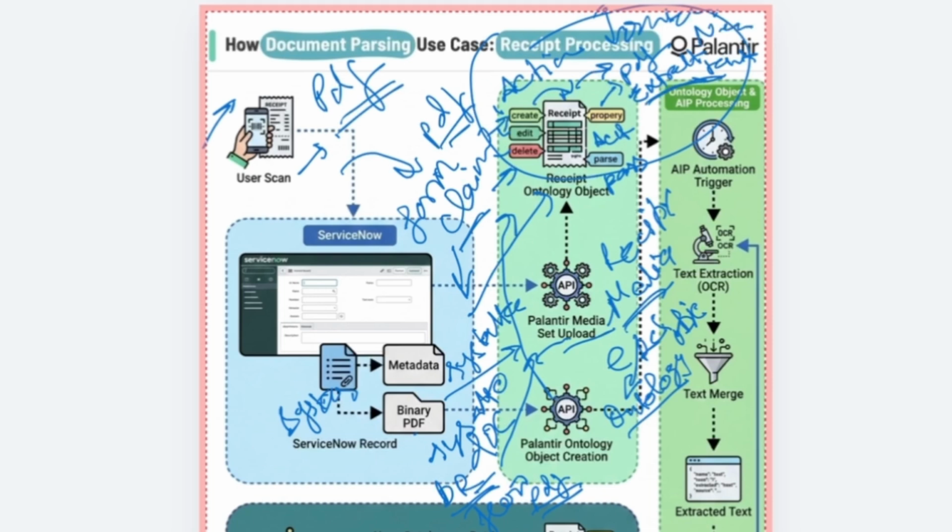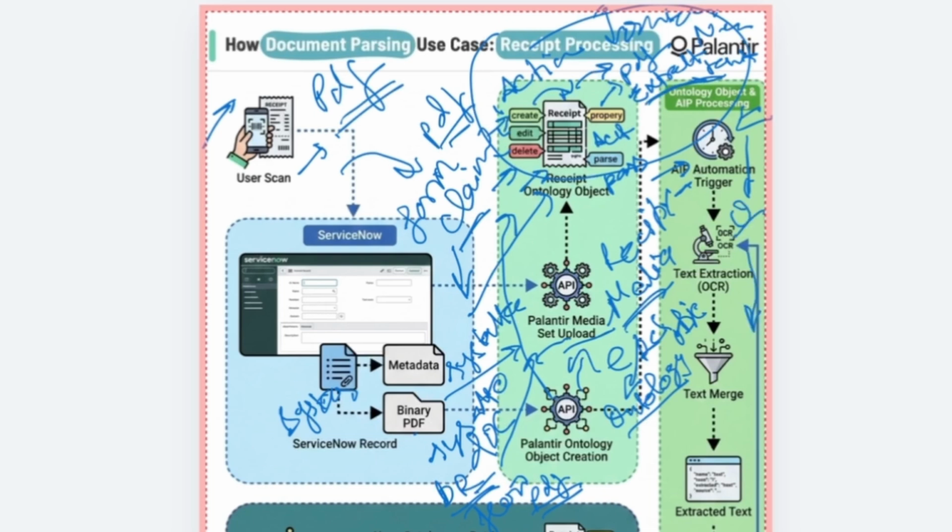What happens is, as soon as create PDF runs, there is an automation inside Palantir itself, called an AIP automation trigger, that fires on creation of a new object in this ontology. As soon as you add something, it runs text extraction OCR on the PDF.